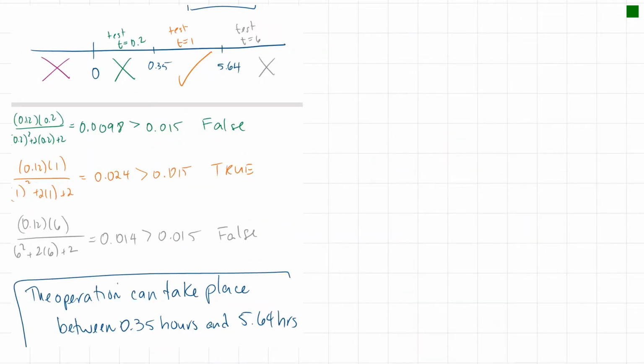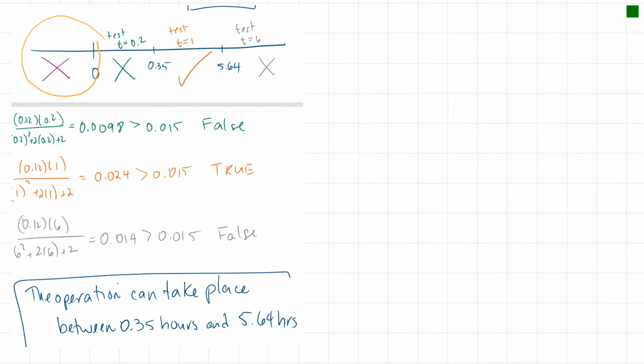Now I've put the critical points on the number line, and I test points in each case. Now notice that this here, because we're talking about time, negative time makes no sense. So I start at the number line at time equals 0, and everything less than time equals 0 is irrelevant for this problem.